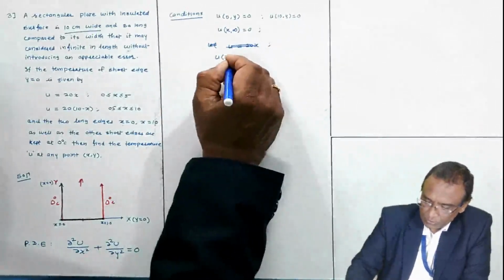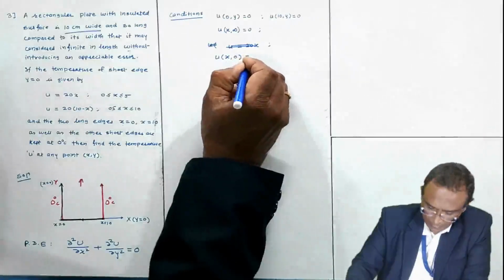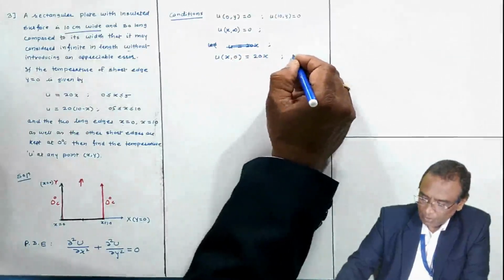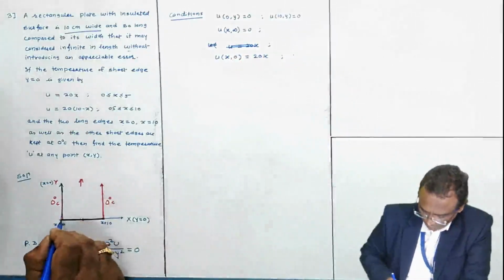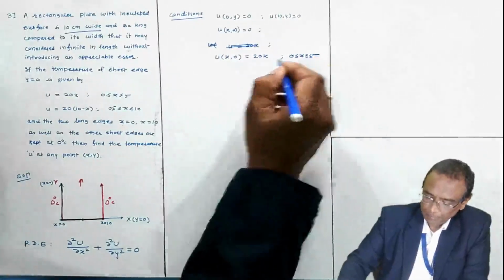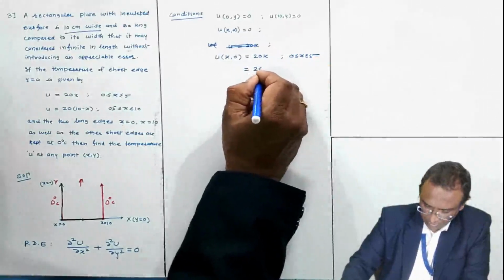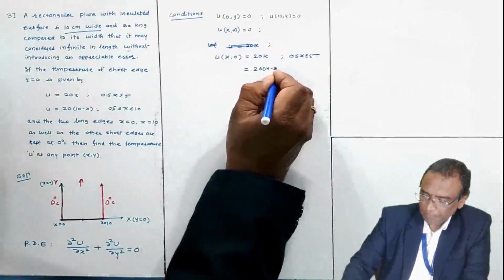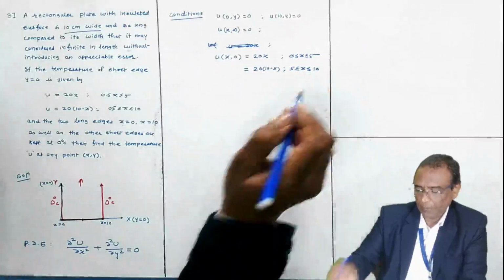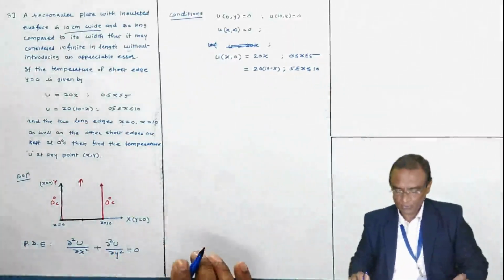On y equal to 0, it is 20x for half of the edge, that is 0 less than or equal to x less than or equal to 5, and 20 times (10 minus x) for 5 less than or equal to x less than or equal to 10. This is the fourth condition.